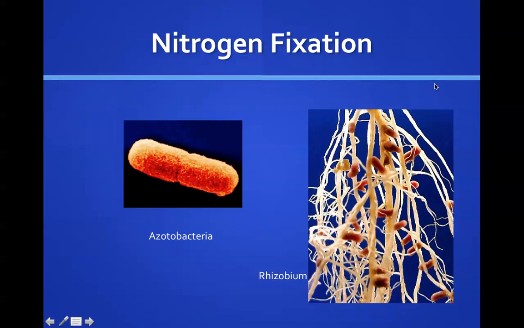So you have the beans as well, peas and beans. Beans are the most common one. This is a picture from a bean plant. So one should be enough. If you need another one, you can find it. You can also see that nitrogen fixation occurs during the Haber process, which I'll talk about later, and lightning.